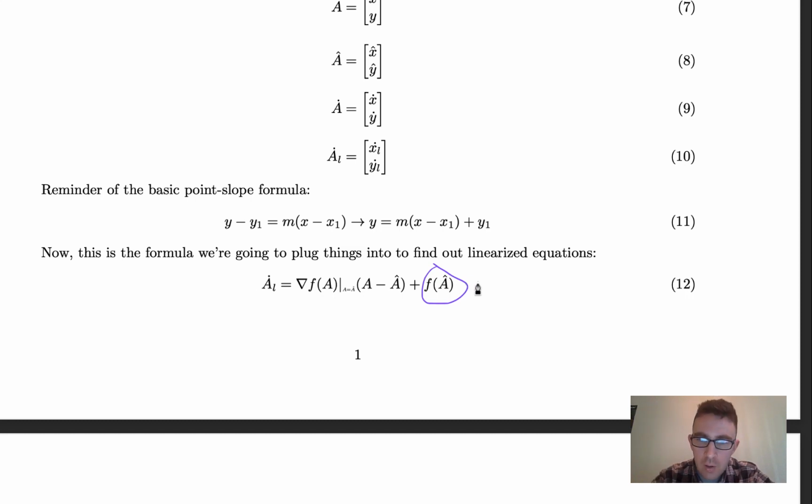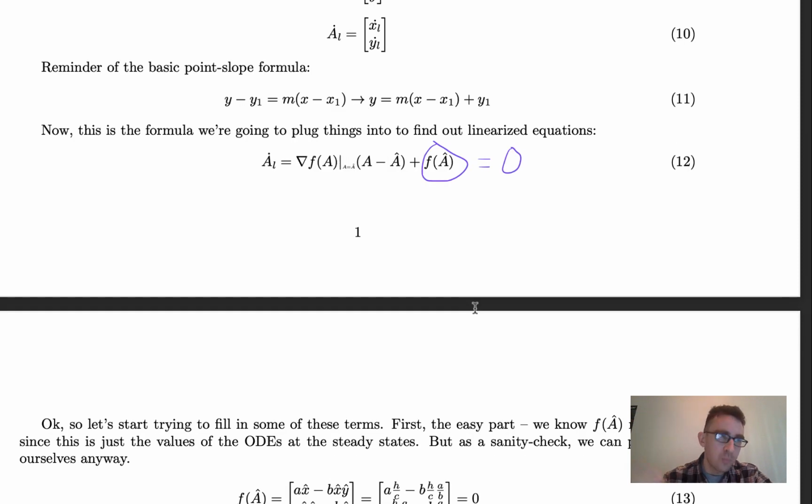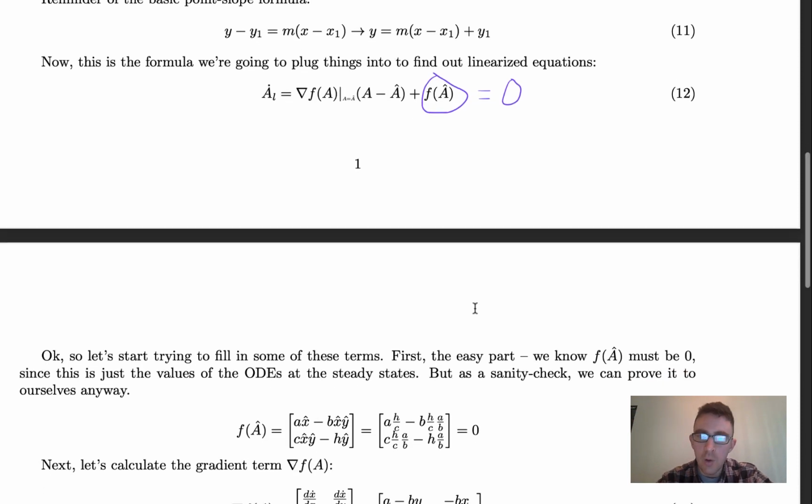Sorry for the bad handwriting, but I'll write this here. We know it's going to be 0, but just to show you how it would be done if you have another point where it's not 0, I'll show you how to do it and prove it to ourselves that in our case it is 0.